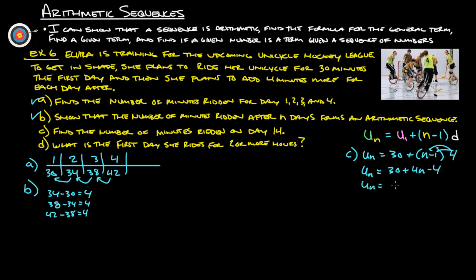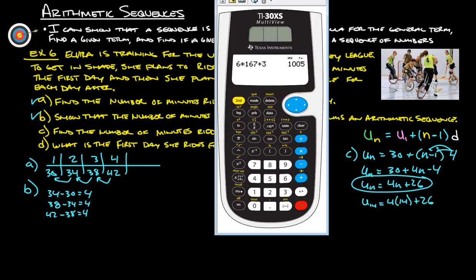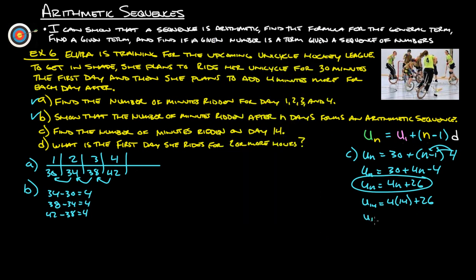So our general term is 4n plus 26. There's our formula, but that's not what they're asking for. They're asking how many minutes she rode on day 14. So U sub 14 is 4 times 14 plus 26, which gives us 82 minutes on the 14th day.